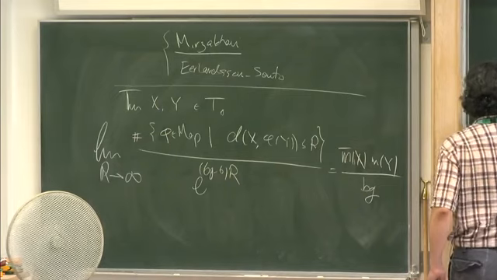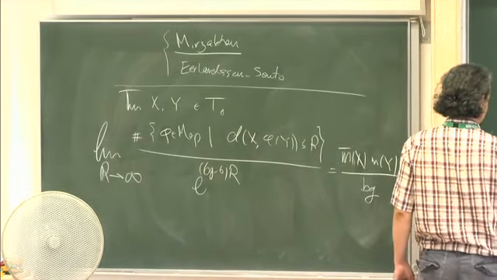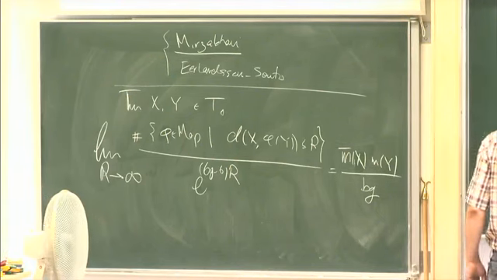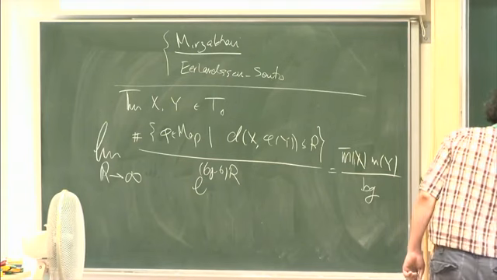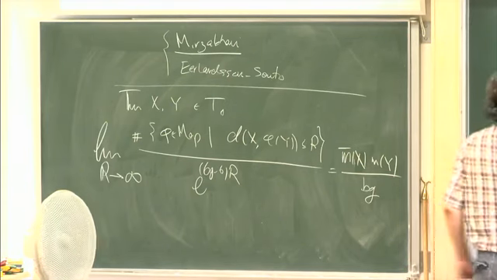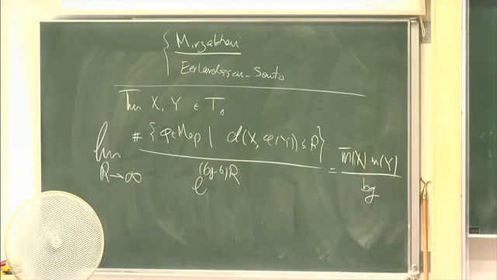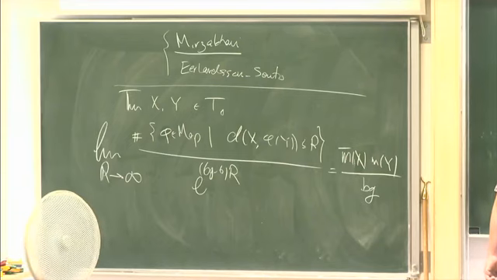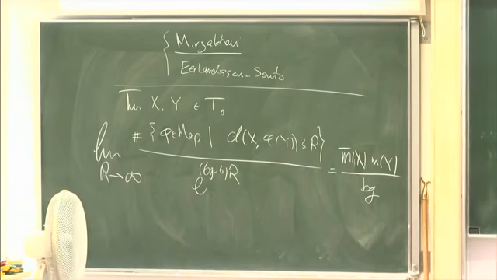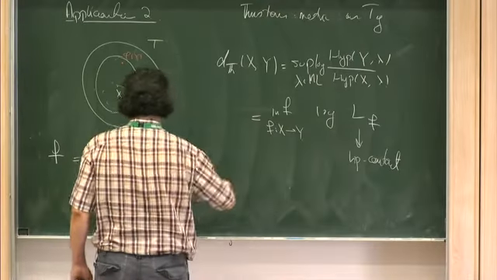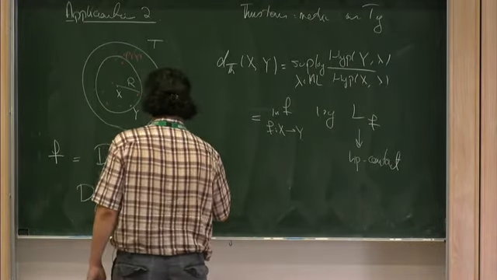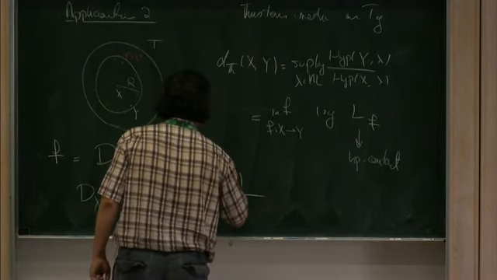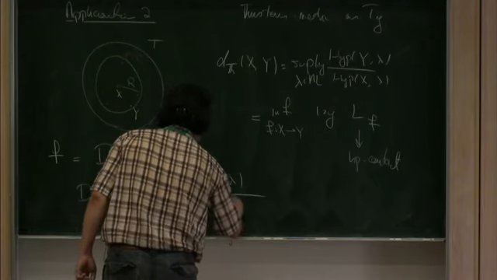So maybe I write that here. So if I define my f to equal to d x, where d x of alpha is basically this ratio, so it is equal to the supremum over lambda in ML of the intersection of alpha with lambda divided by the intersection of x with lambda.